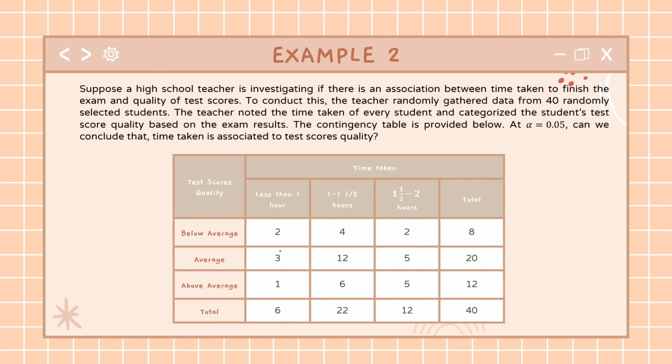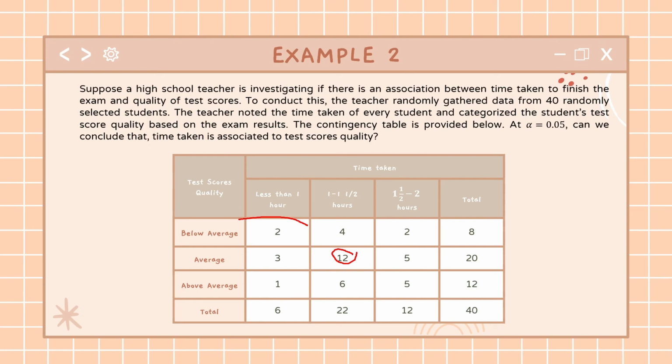Ito yung Dij natin. For this one, ito yung Aij natin, pero wala tayong Dij. Tama. Meron pala. Ito. Aij natin ito. Again, Aij and Dij.